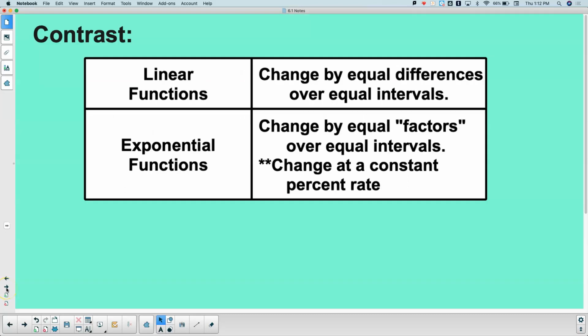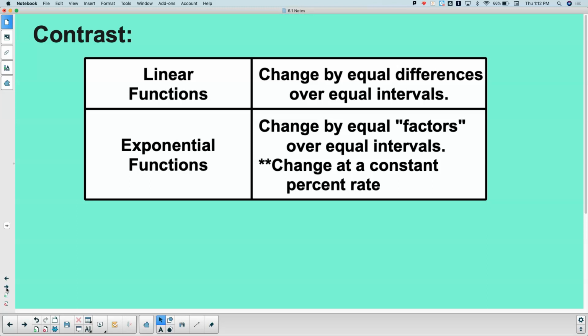Alright, so here we go. Now, this slide, you don't have to necessarily write down. Next slide, don't necessarily have to write down. I'll tell you when you start writing stuff down again. So if I'm talking about a linear function, it has a change that is constant. The change is never changing.